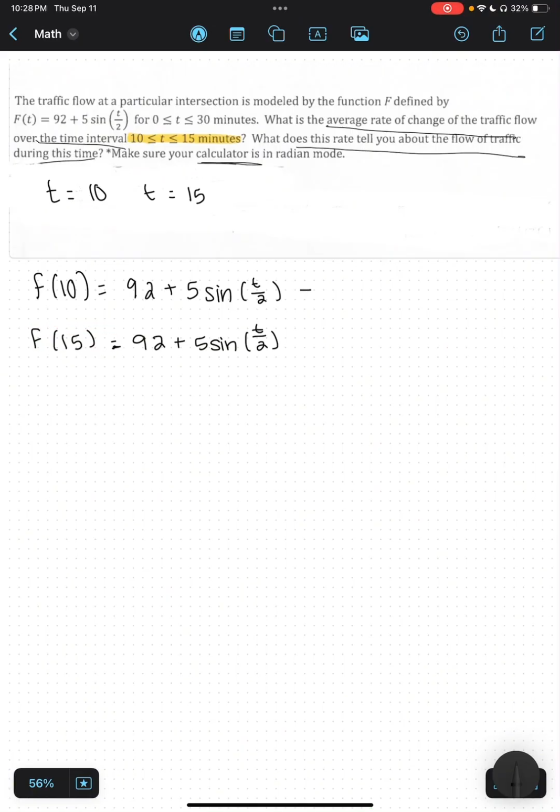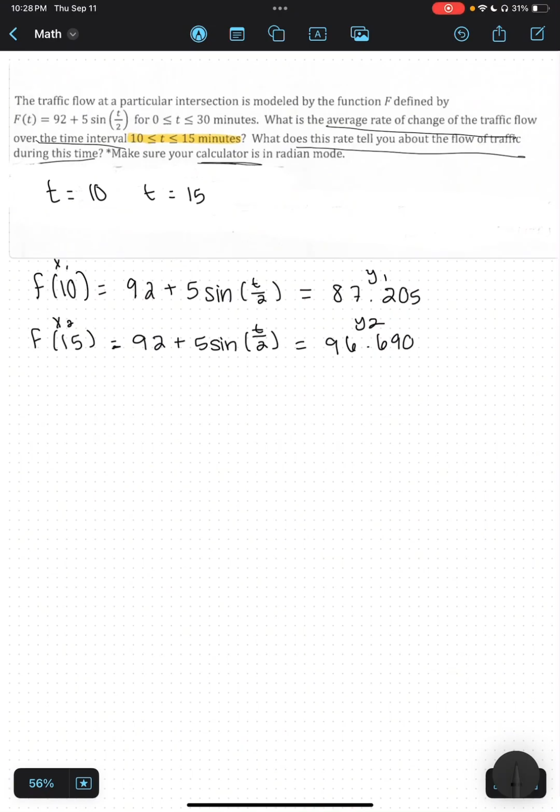Alright, and with our calculators, we can find out the answers are 96.690 and 87.205. Right, so this is our y1, this is our x1, this is our x2, this is our y2.